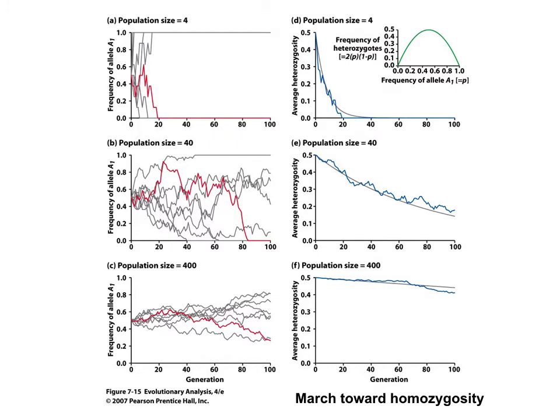In the first simulation, after 20 generations, the vast majority of your populations have gone to fixation. When you go to fixation, you no longer have heterozygous individuals. So we can view genetic drift as a constant march towards homozygosity that's more pronounced in smaller populations than in large populations.